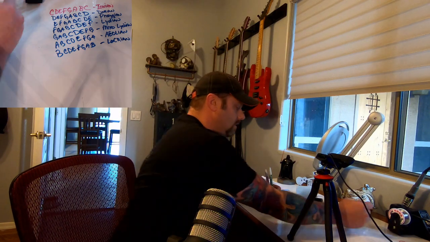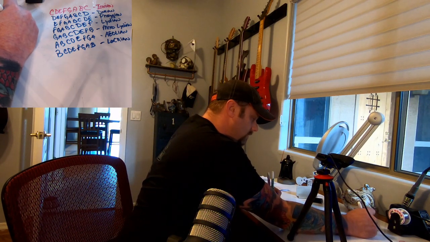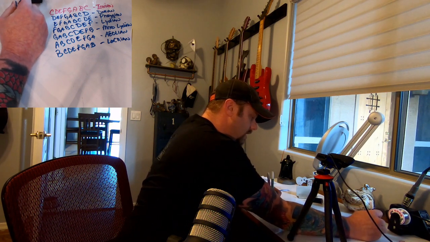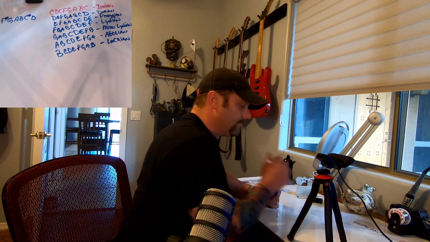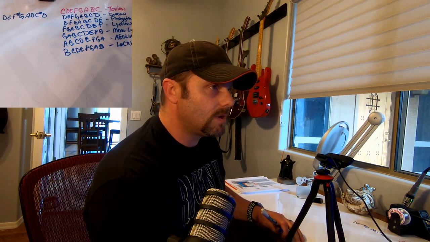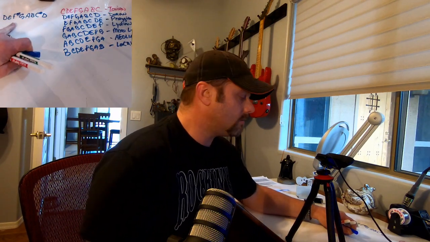So let's take our Dorian and let's reference our D major scale. So D, E, F sharp, G, A, B, C sharp, D. This is our D major scale.